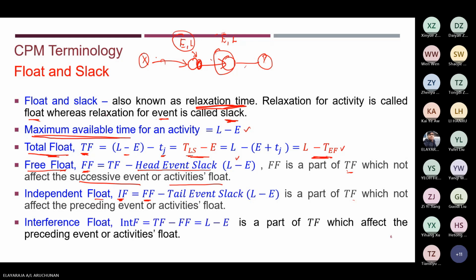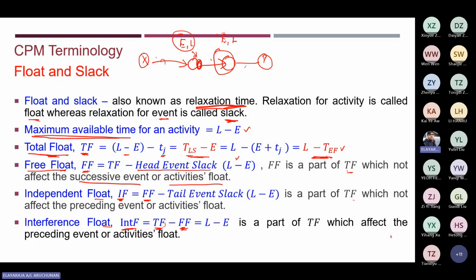Now next is the interference float. The interference float is usually denoted INT F, where F means float, which is equal to total float minus free float.